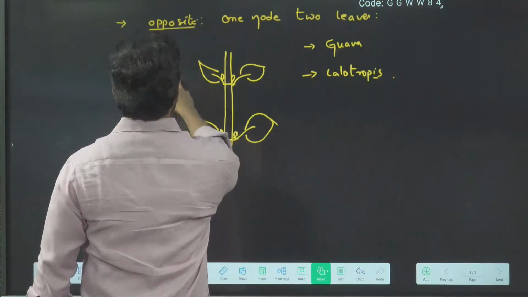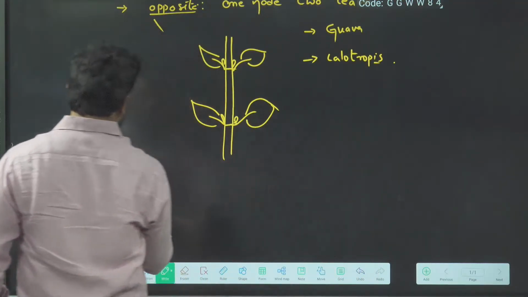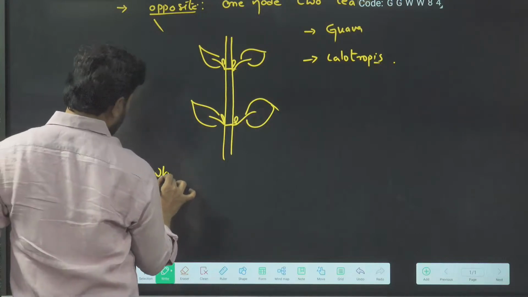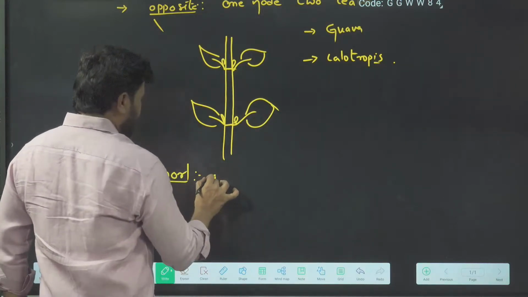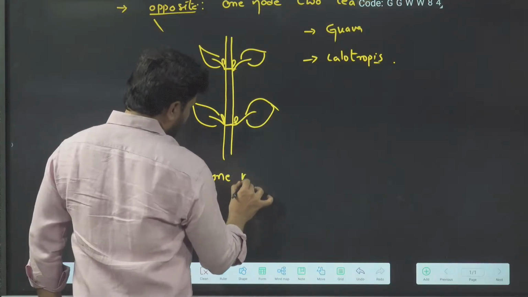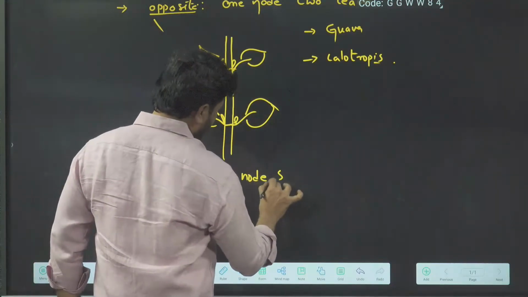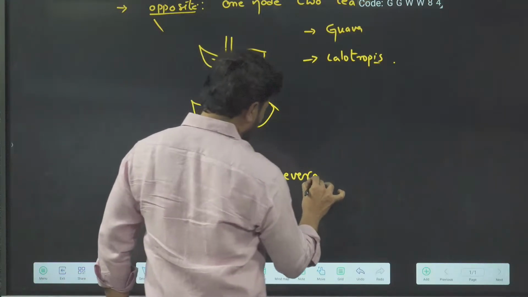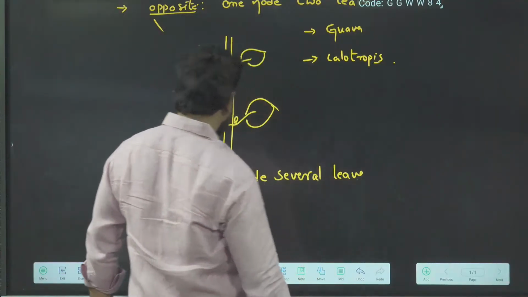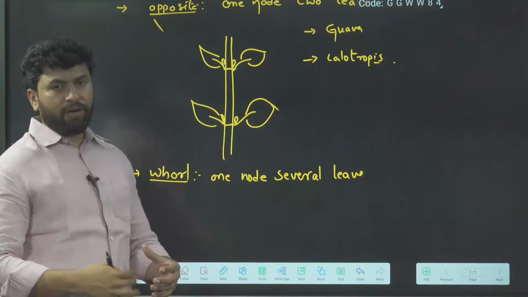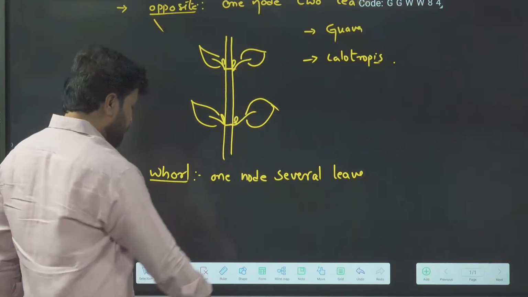Next one, whorled phyllotaxy. One node, several leaves. It's not that one node has one or two. We will have numerous there.